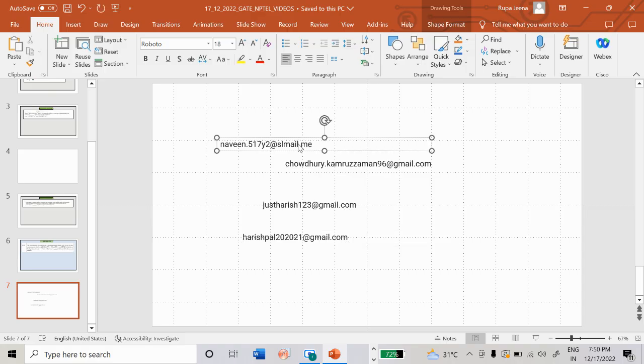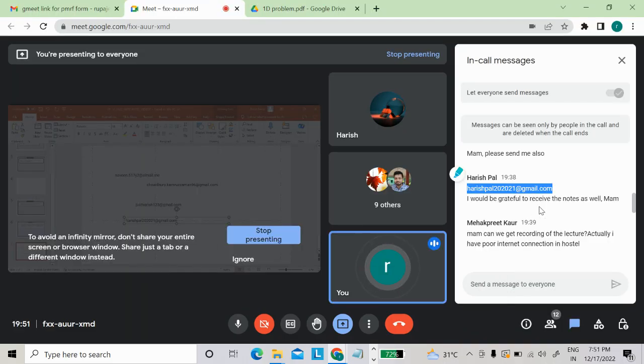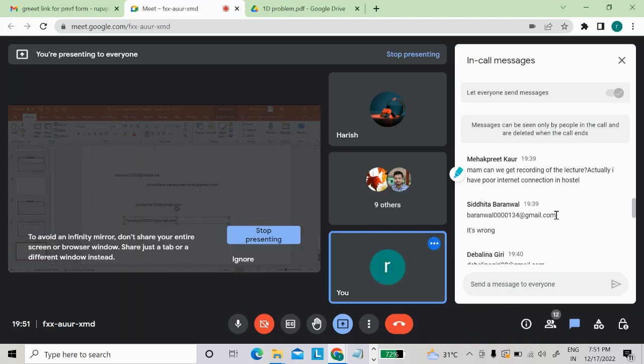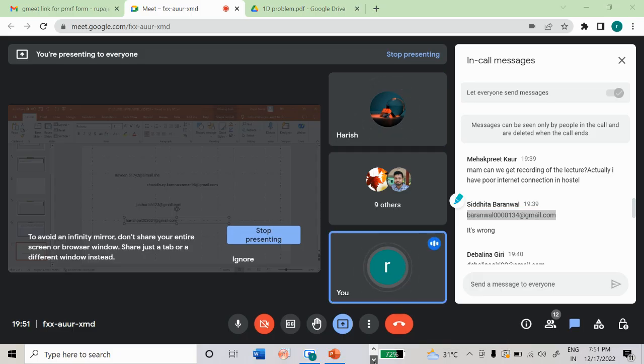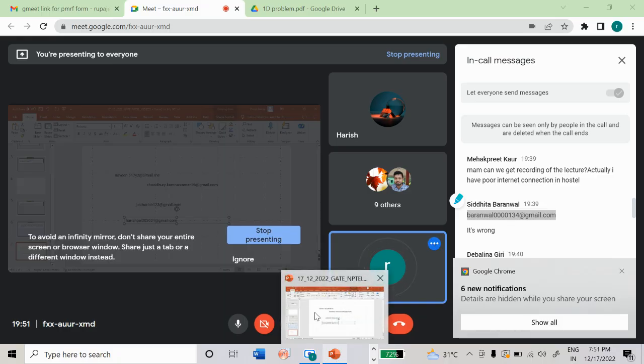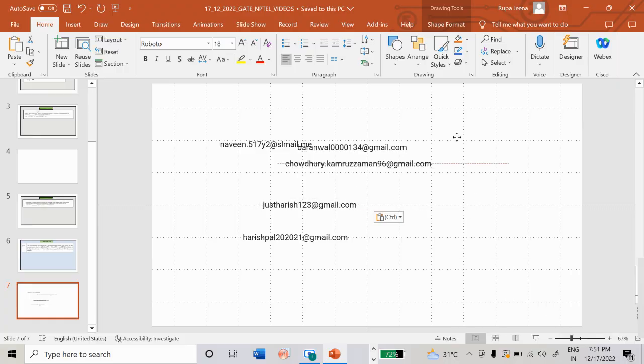So all of you will be appearing for NET or GATE. So NET examination was over, right? How was the NET examination this year? So generally it was on 16 December, right? No, when was the NET exam?